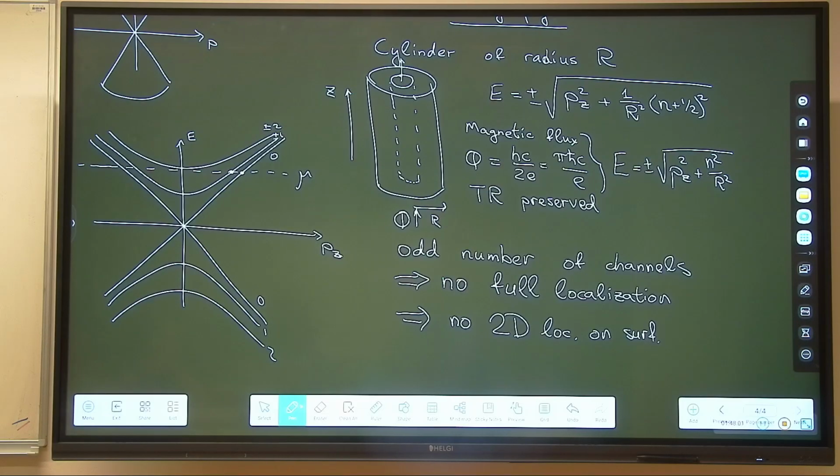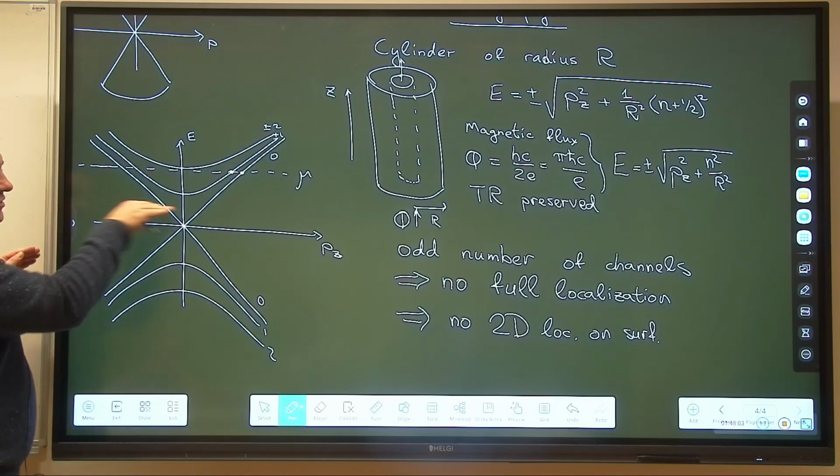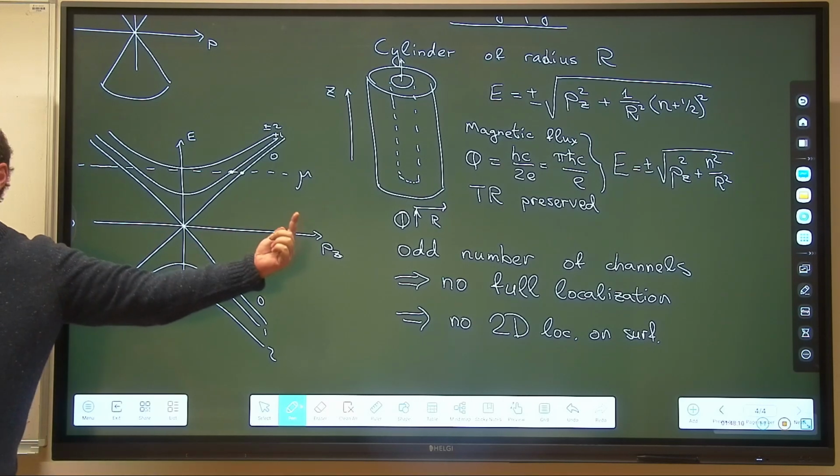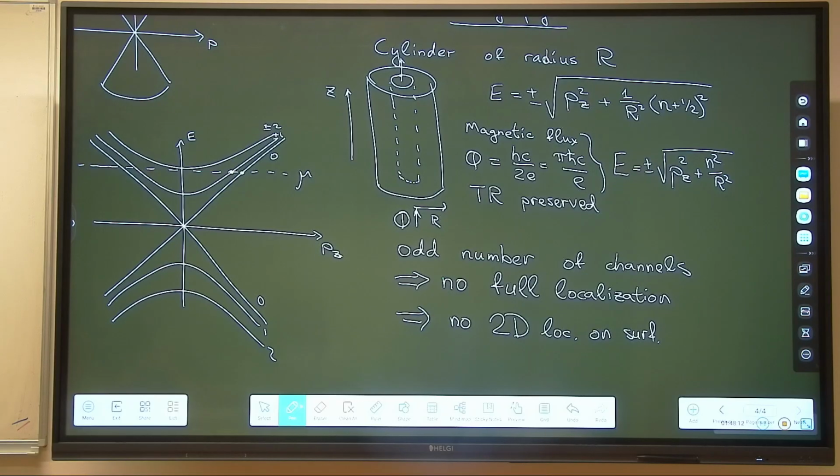If you go with the chemical potential below all these other things, then there is only forward scattering. If you have spin up propagating in one direction, spin down propagating in the opposite direction, and potential impurities cannot flip the spin, so there is no backscattering. So if there is only one channel, it's just fully delocalized. If there are many, but the number is odd, they will all be localized except for a single one.